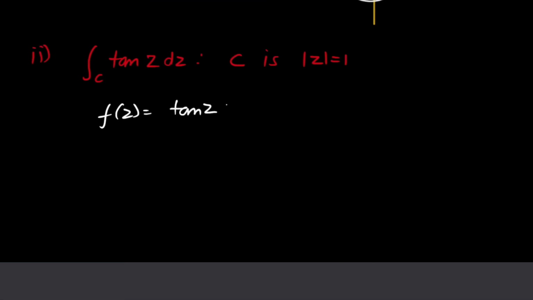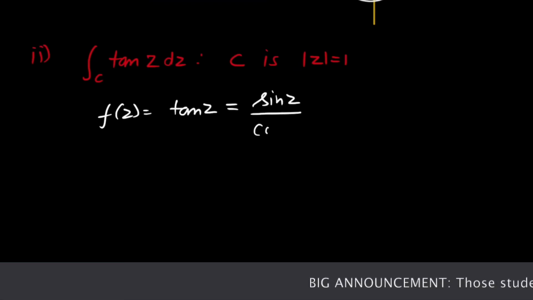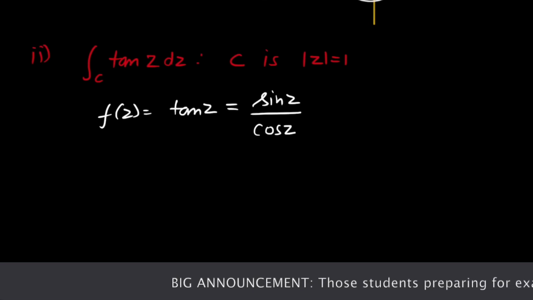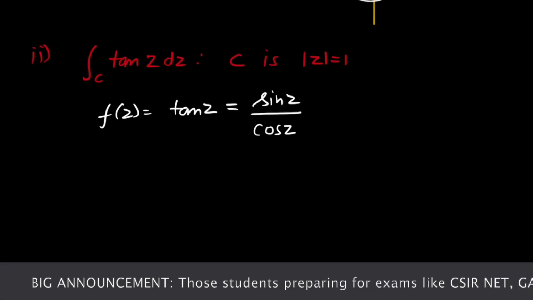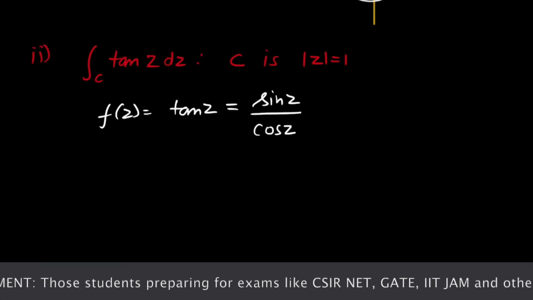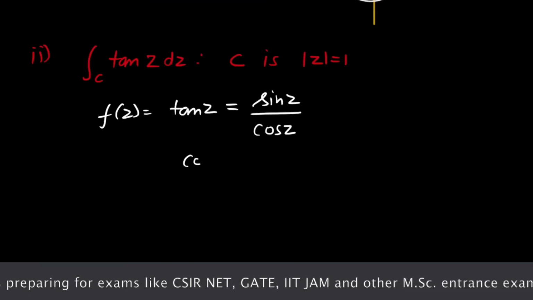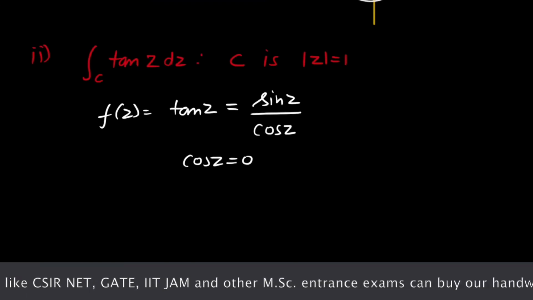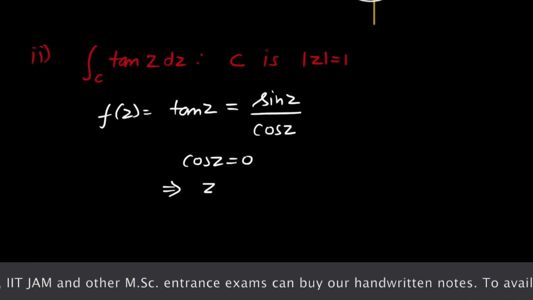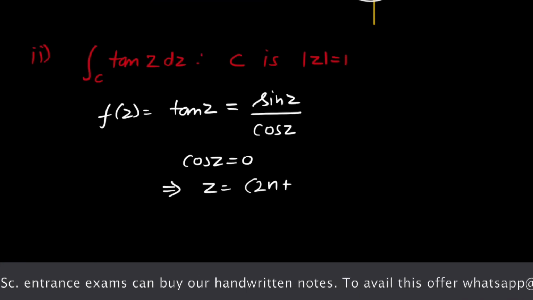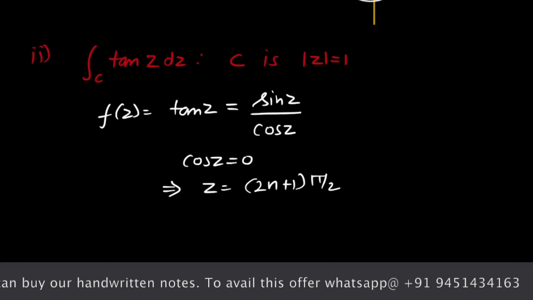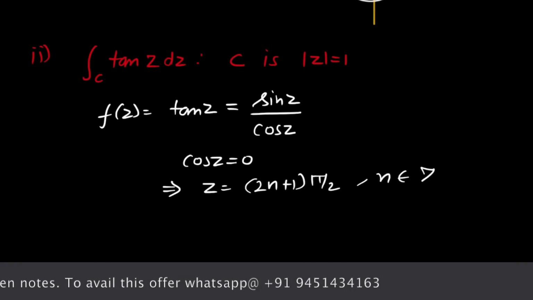We can also write this as sin z over cos z. This function is not analytic when the denominator is 0, that is cos z = 0. So from here z will be (2n + 1)π/2, where n is an integer.